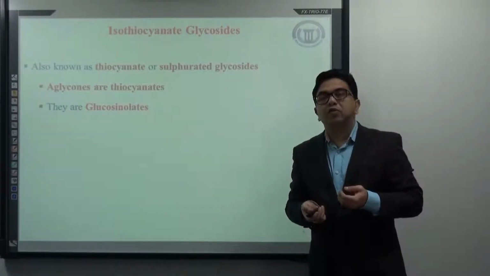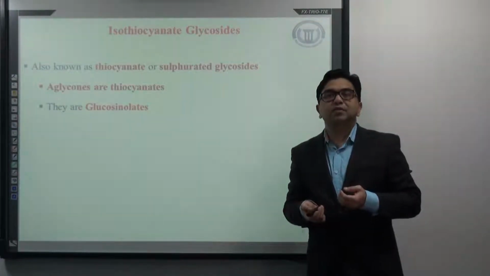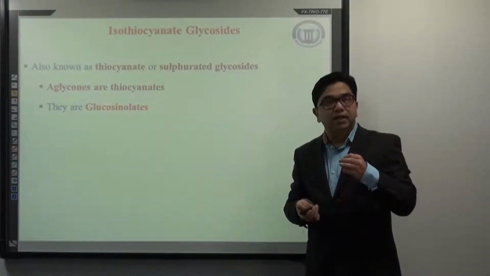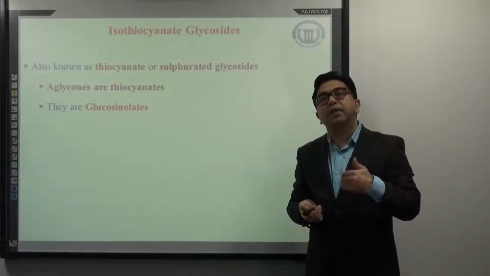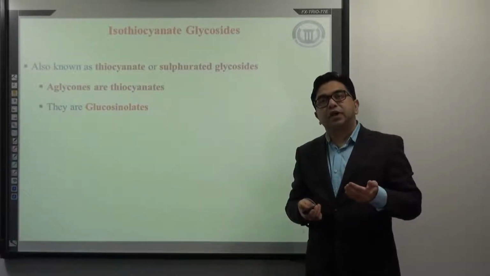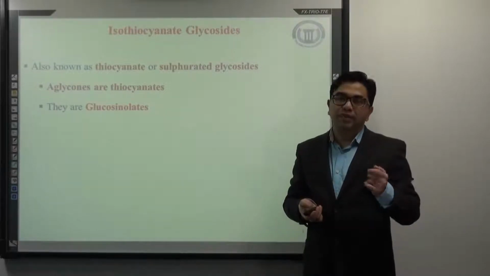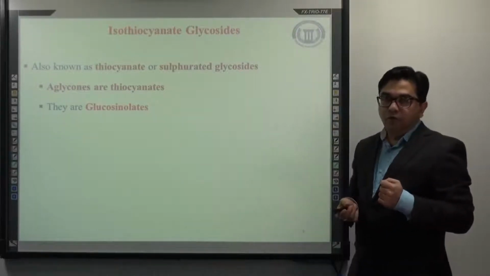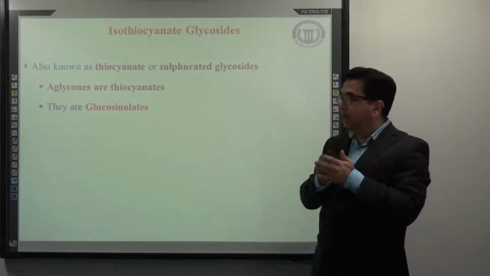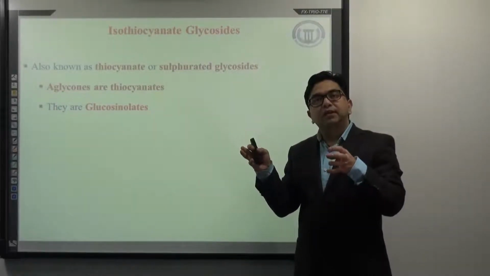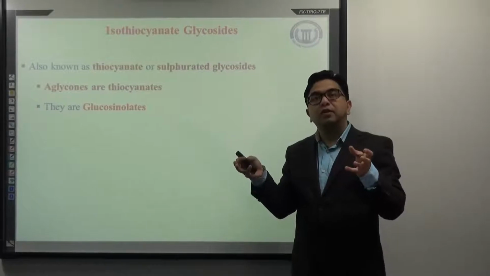Glucosinolates are a class of naturally occurring compounds which contain sulfur and nitrogen, and they are mainly derivatives of sugar and amino acids. So when we talk about glucosinolates, the isothiocyanate glycosides are also considered a class of glucosinolate compound.